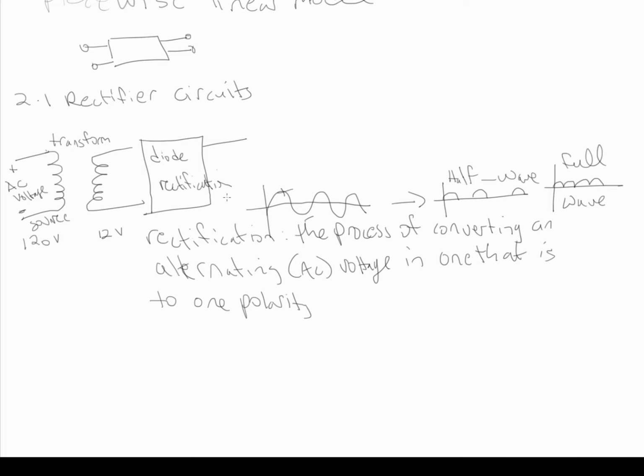So after the diode rectification, we have some filter. The filter is going to try to smooth out this rectification, something like this, where it's not just dropping down so quickly. And then the last part is some voltage regulator.